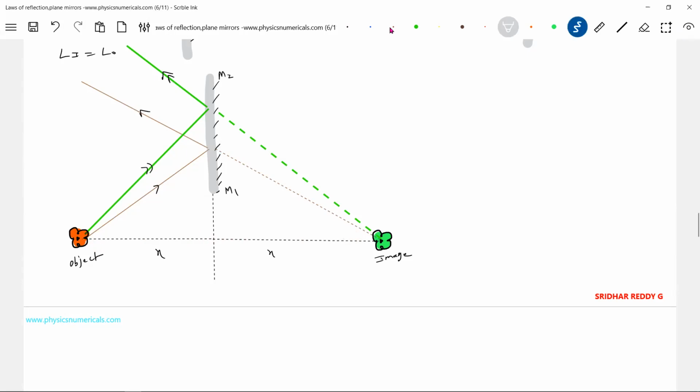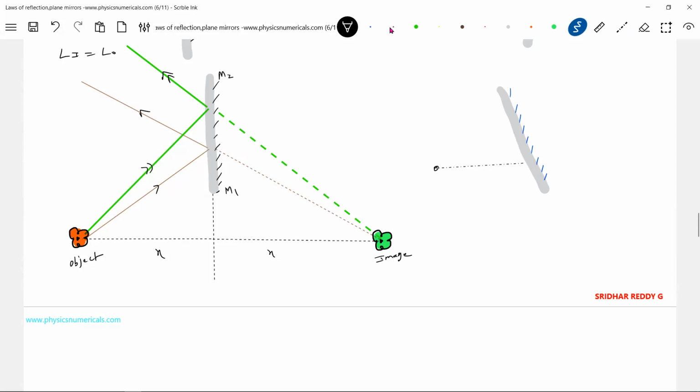One more example. Suppose by chance the orientation of the mirror is like this.